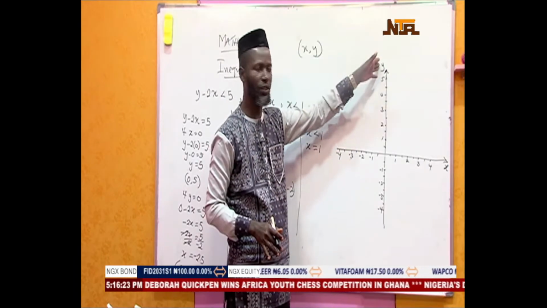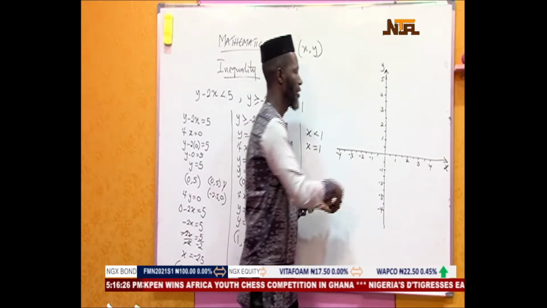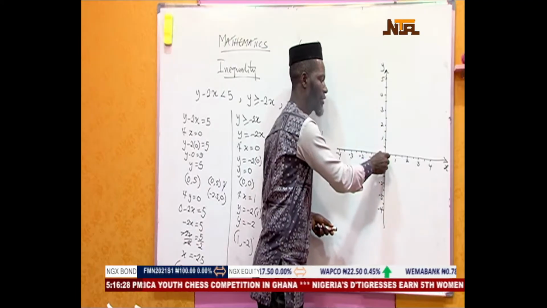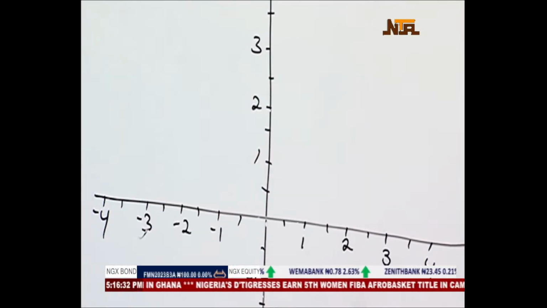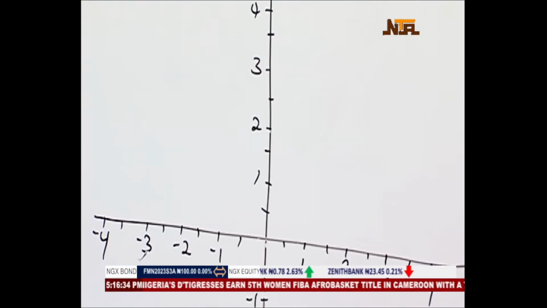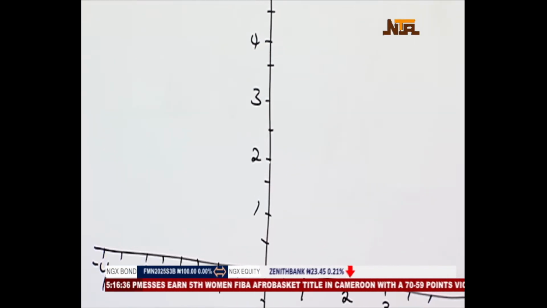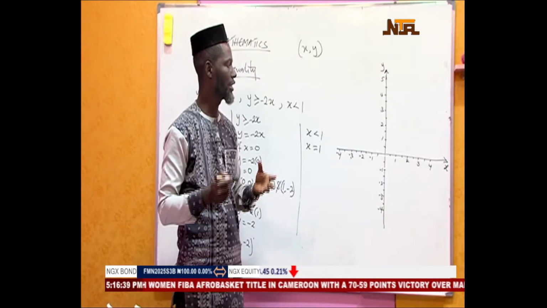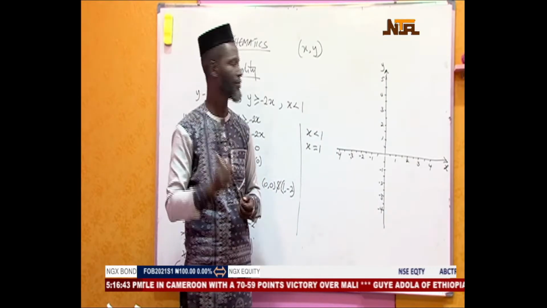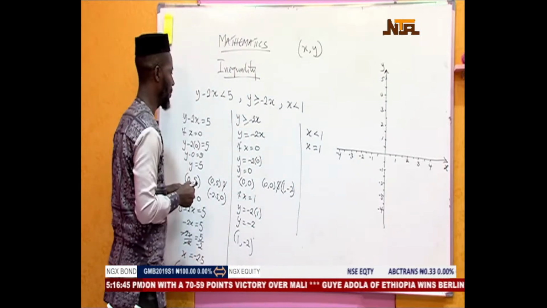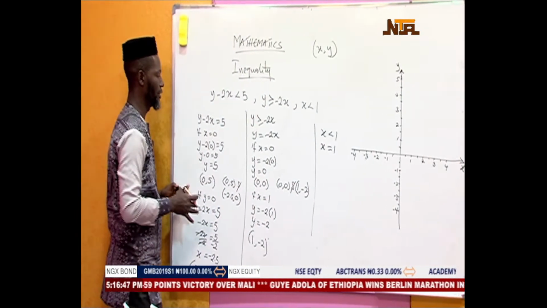Let's now move to our y-axis as well. We also use the same scale that we use for our x-axis, that is 2 centimeters to represent 1 unit. On that note, we can conclude by saying that on both axes, we use 2 centimeters to represent 1 unit. Now, let's go back to our inequality graph.